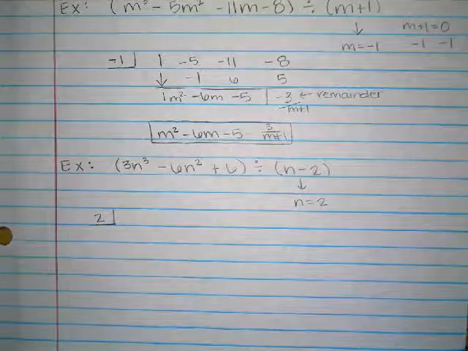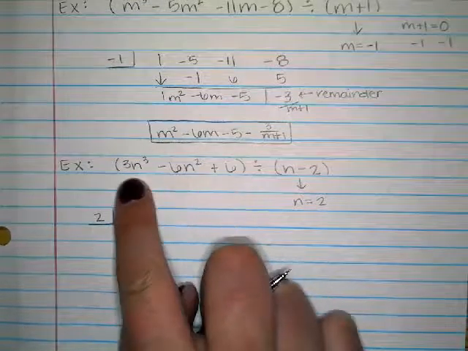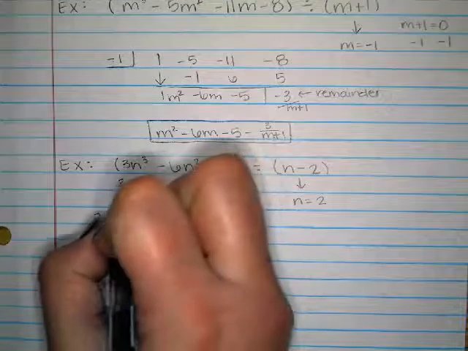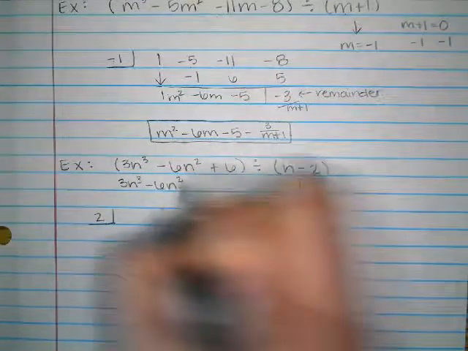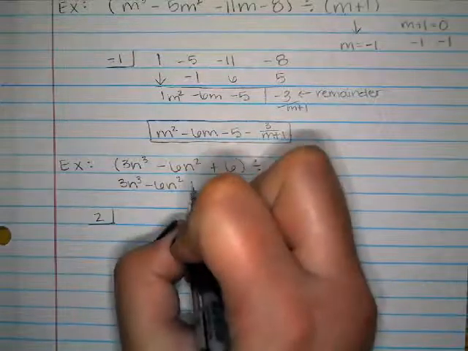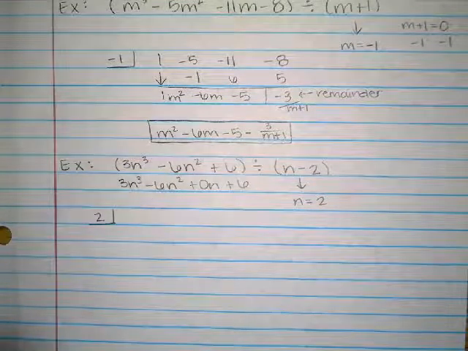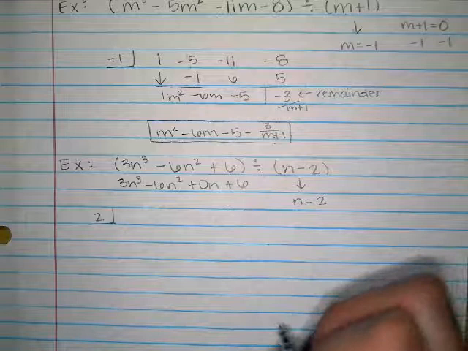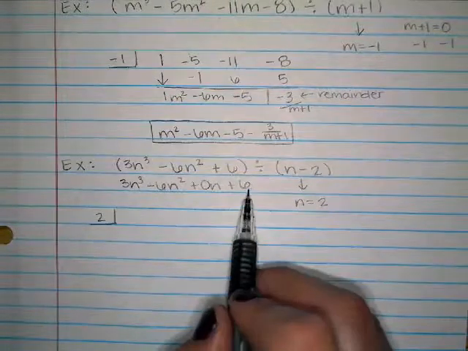And then if we look at this, what do we notice here? We're missing a term. So this is actually 3n to the third minus 6n squared, and then what should I write? Plus 0n plus 6. And if you did the long division activity, did you notice that there was one problem that had the missing term on the end?